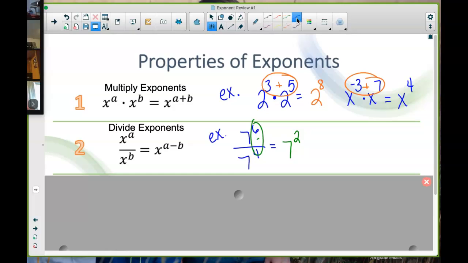Remember that if they're different bases, if I have x to the 5th power over y to the 7th power, then you would say cannot combine, because they have to be the same base.